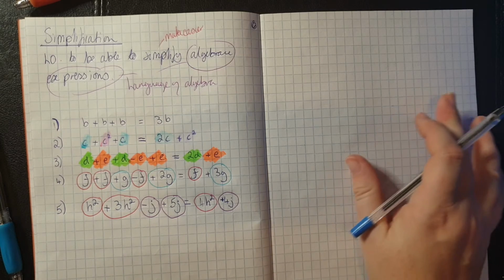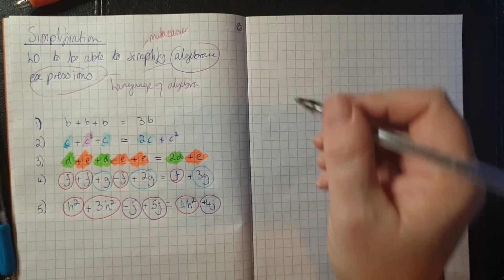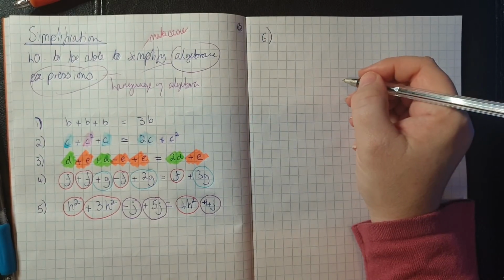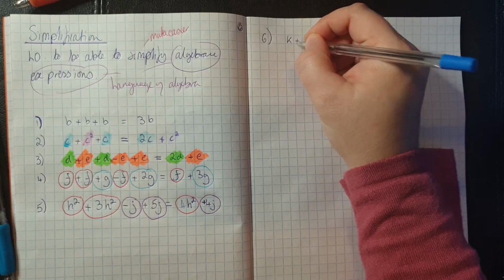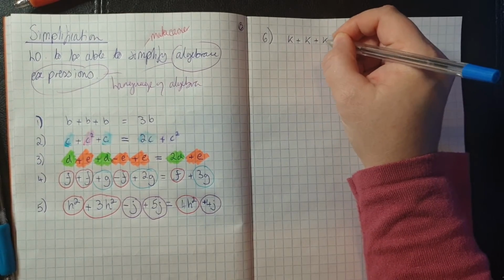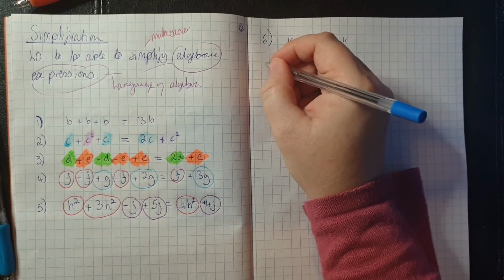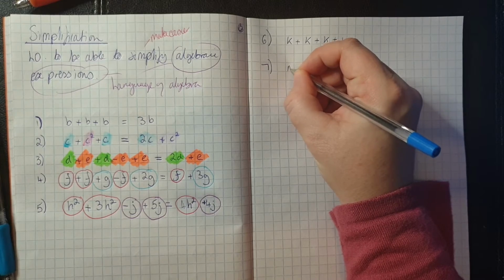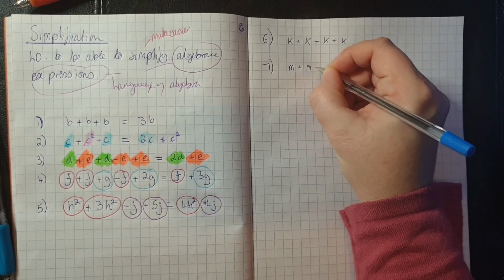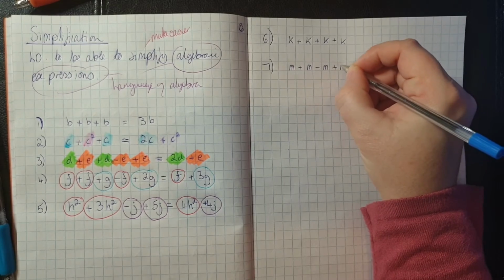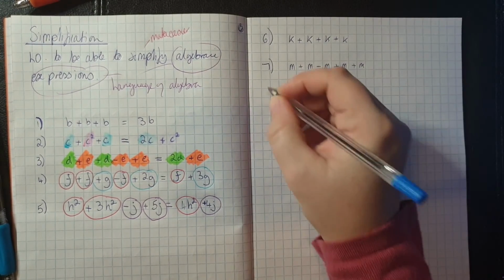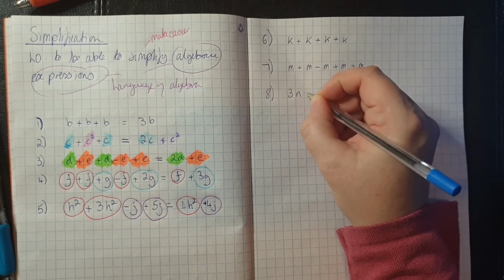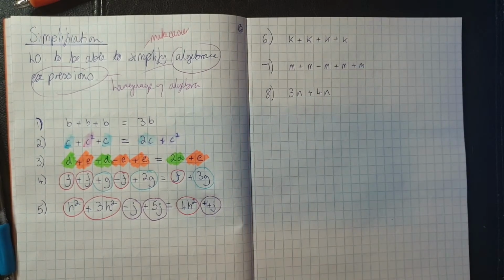Okay, as usual, I'm going to give you some examples and I want you to work through them. So we're on 5. Let's go up here for number 6. H-I-J, let's go for K. So we'll have K plus K plus K plus K. Number 7, we'll have M plus M minus M plus M plus M. Number 8, 3N plus 4N.